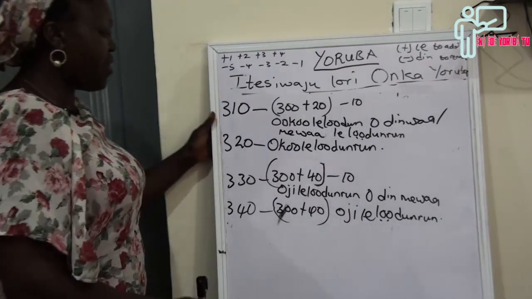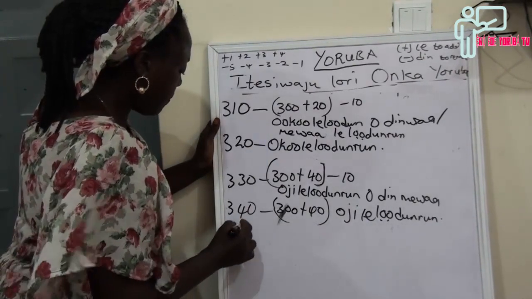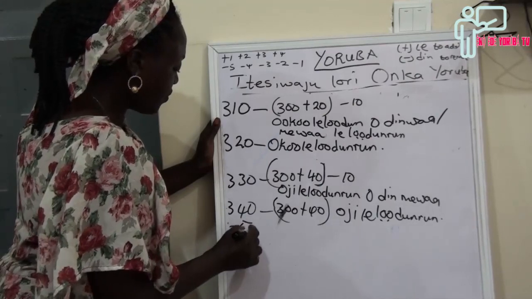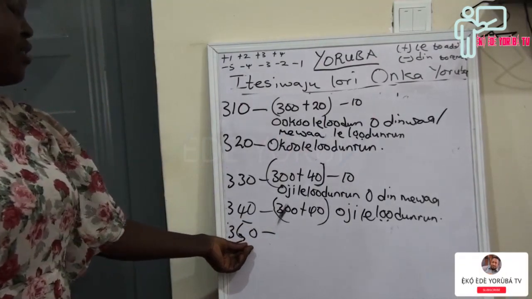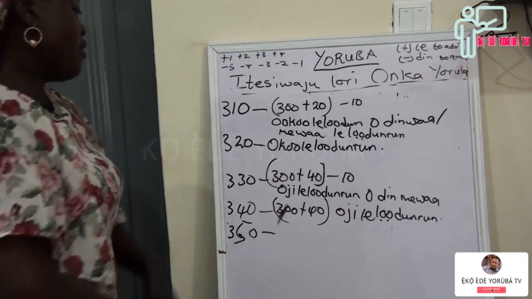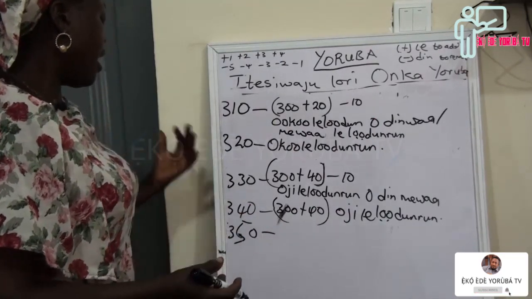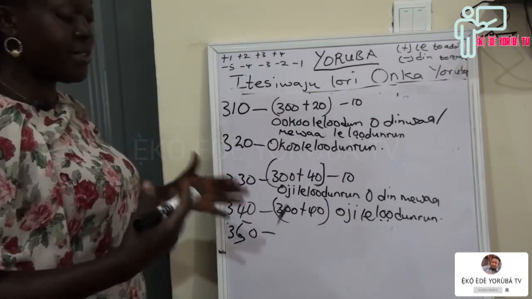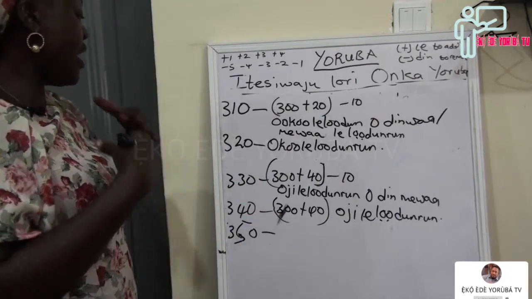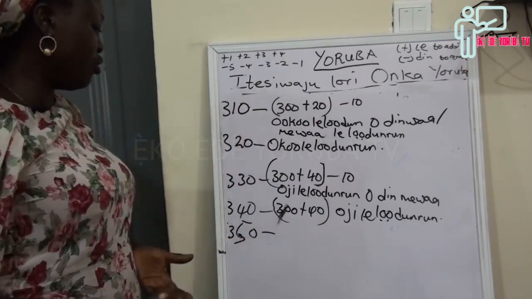Then we have 360, and 50 rather. If you know that this one is àádọ́ta, our grannies here also, they will say àádọ́talé. You can say àádọ́talé-ọ̀ọ́dúnrún.